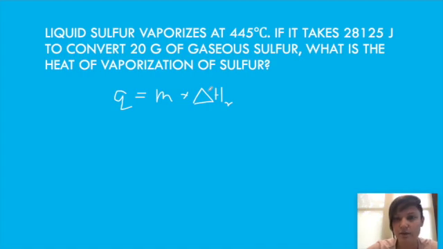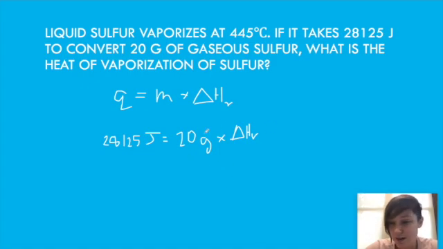It gives us Q, which is 28,125 joules, and our mass, which is 20 grams. We're looking for delta H of vaporization.